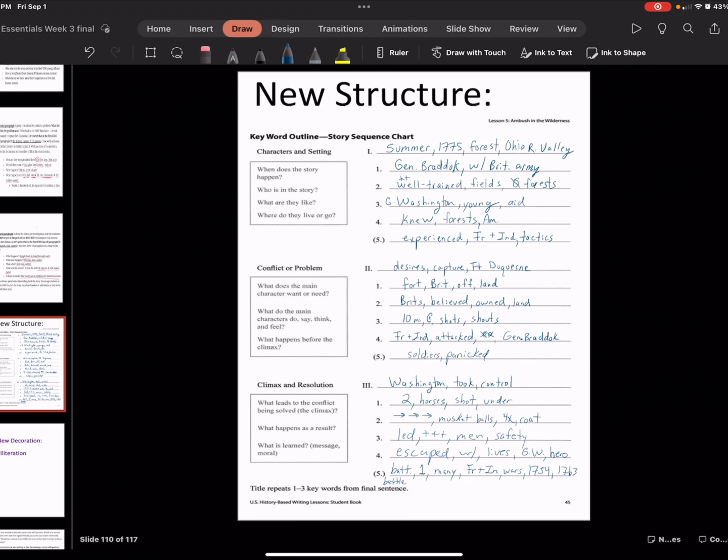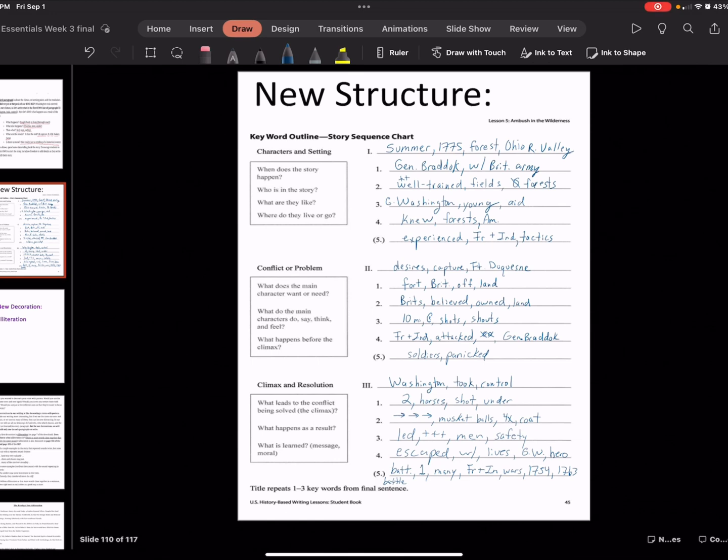If you find that it is not translated well, then you can go back and figure out if you had symbols that didn't make sense to you, if you shortened the words too much, or if you left too many details out. And you can fine tune that process to make your keyword outlines more effective for the future.